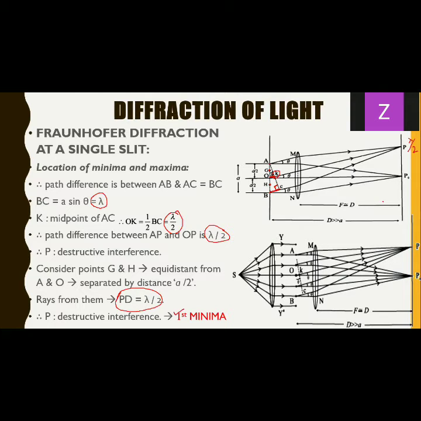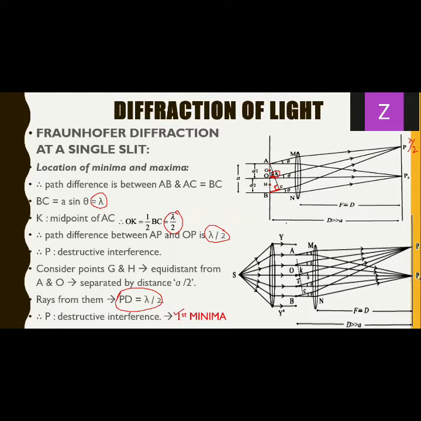Okay, so this is what we have established now. At point P0, we had a constructive interference, and at point P, we have destructive interference. So now moving forward with this particular point, this is for path difference lambda by 2.